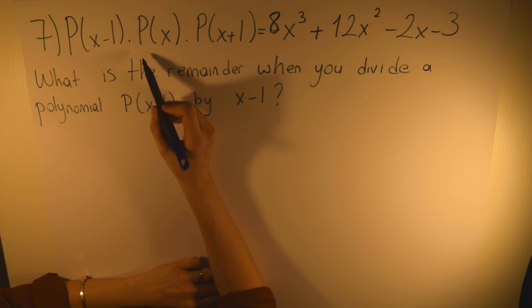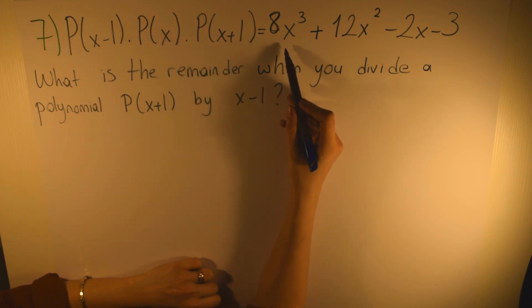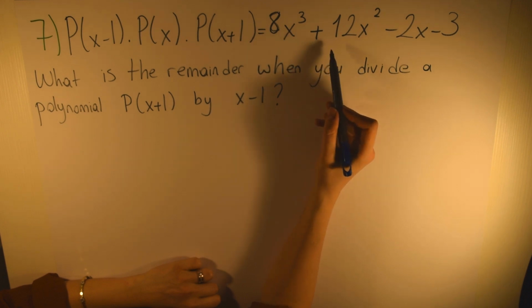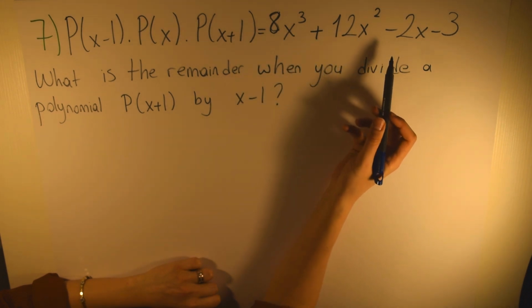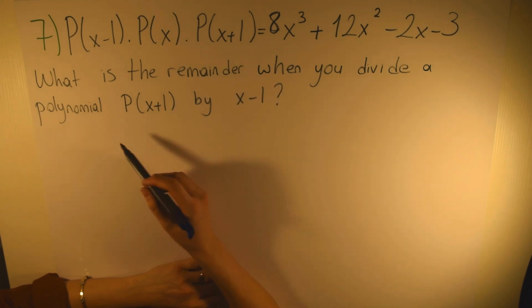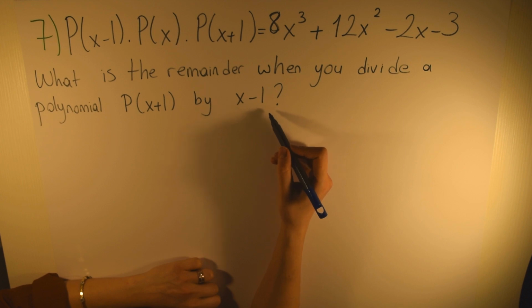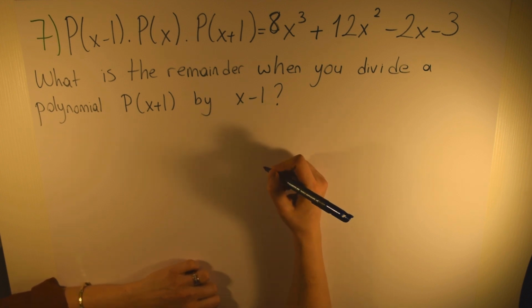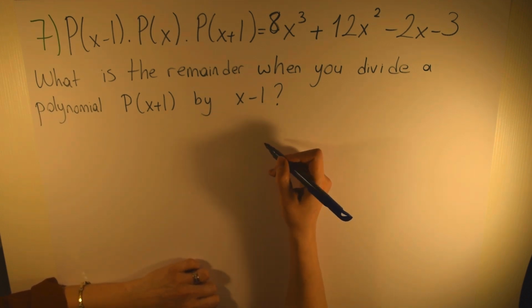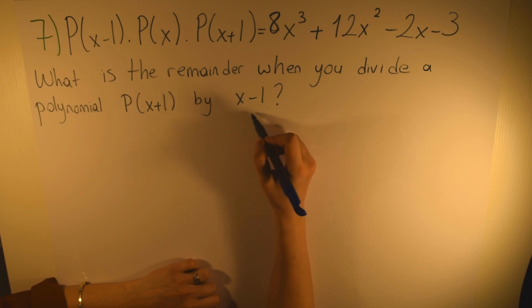p(x) minus 1 times p(x) plus 1 is equal to 8x to the power of 3 plus 12x squared minus 2x minus 3. What is the remainder when you divide the polynomial p(x) plus 1 by x minus 1? So here, first, we will make this equal to 0, right?